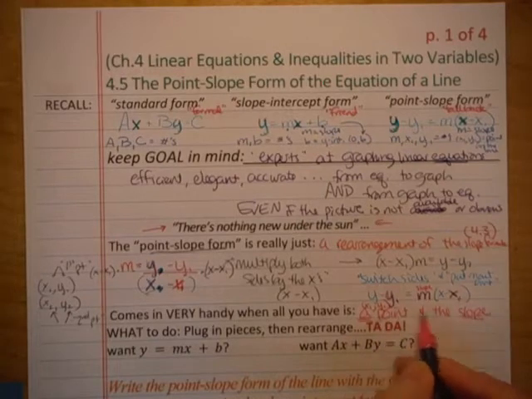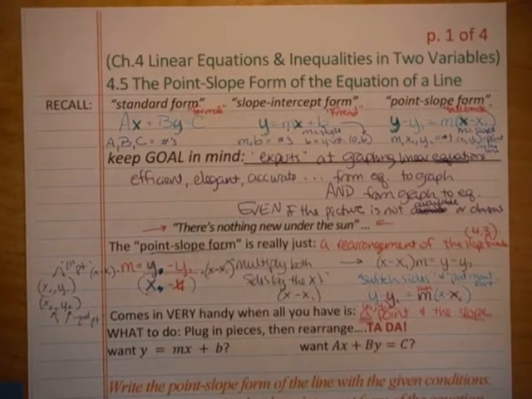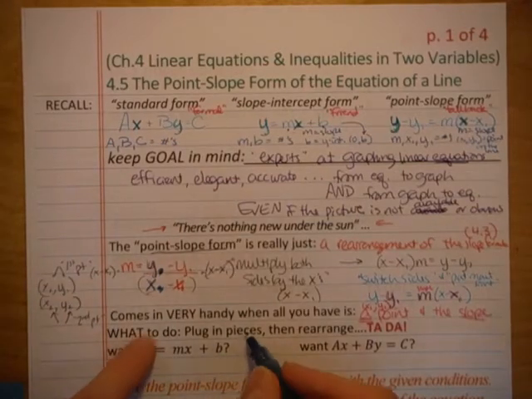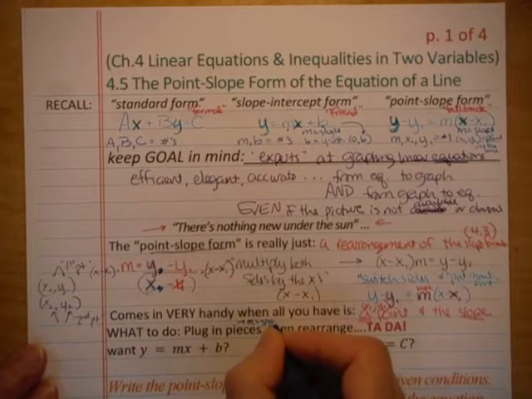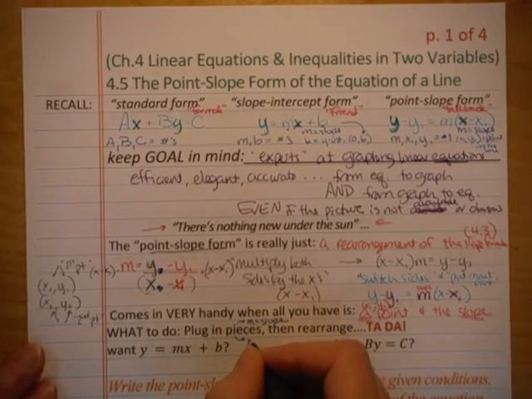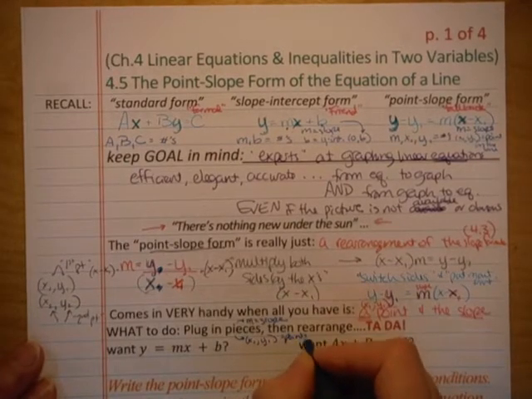Any old point on the line and the slope, you're able to put into this equation, and then what do you do with it? You would plug in your pieces, then rearrange. What are the pieces? The piece would be m for slope, and your x1, y1 would be the point on the line.